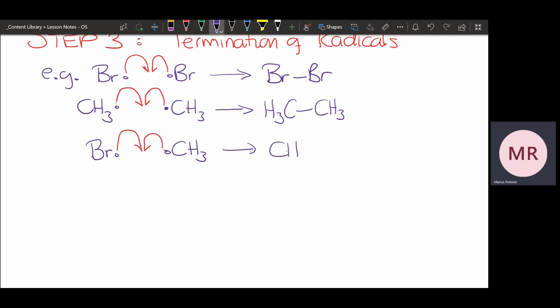That isn't the main source of bromomethane forming, because it wouldn't keep the reaction going. The reaction would be over very quickly if the bromine radicals got used up in this way, and then it would just stop. So lots of possibilities for termination.